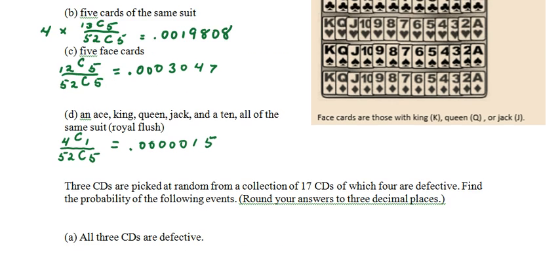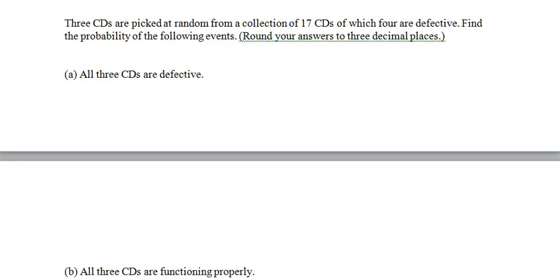The last example here is not dealing with cards. It's dealing with CDs. And it says 3 CDs are picked at random from a collection of 17 CDs, of which 4 are defective. And so what is the probability that all 3 CDs are defective?